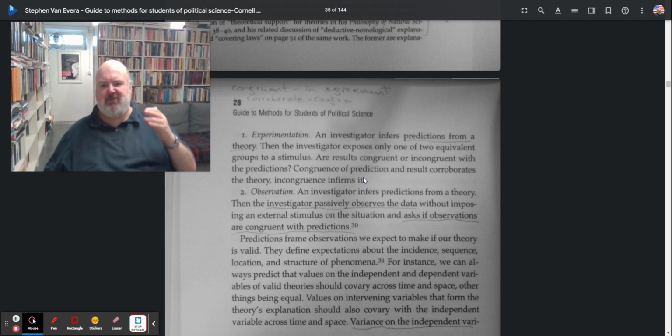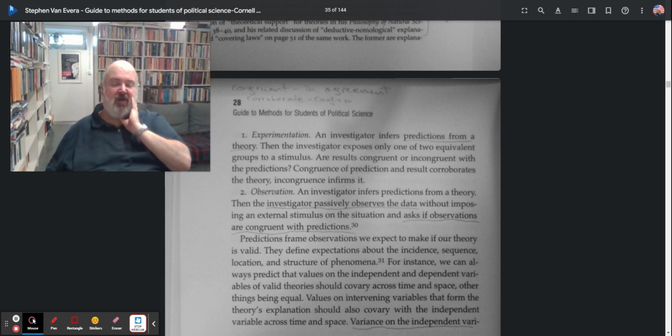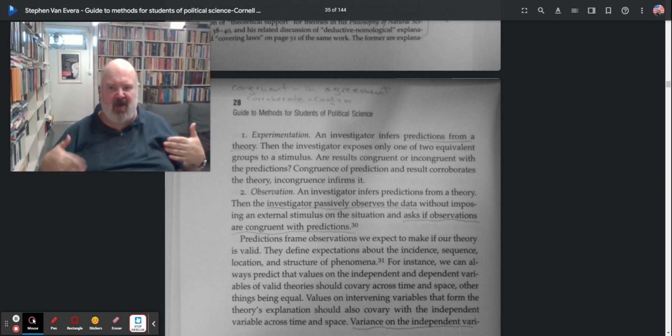This is the problem with experimentation. In social science, it's very hard to do experiments. In fact, it's often unethical. There are a lot of ethics tests because we are dealing with human things, politics.